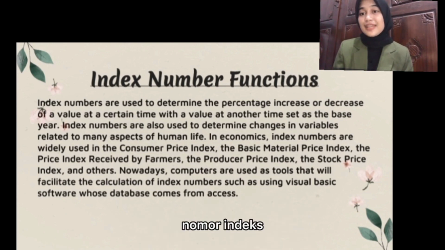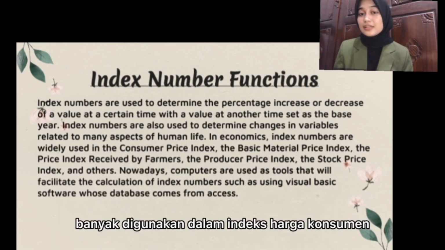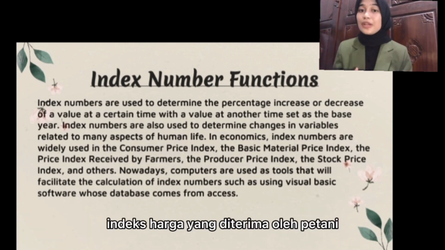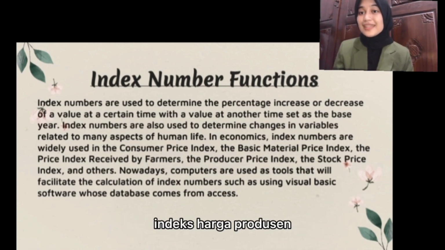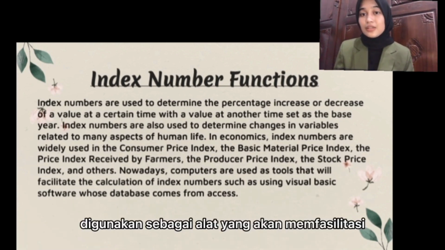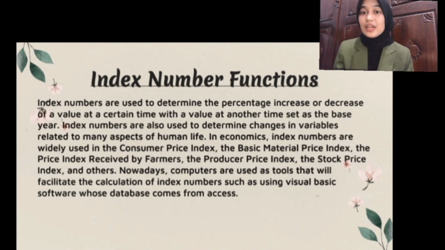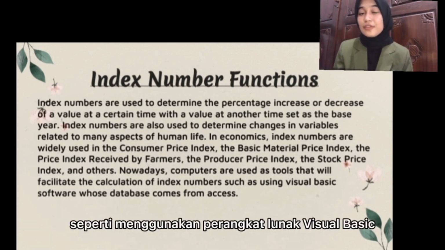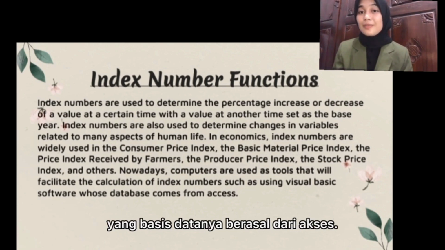In economics, index numbers are widely used in the consumer price index, the basic material price index, the price index received by farmers, the producer price index, the stock price index, and others. Nowadays, computers are used as tools that facilitate the calculation of index numbers, such as using Visual Basic software whose database comes from Access.